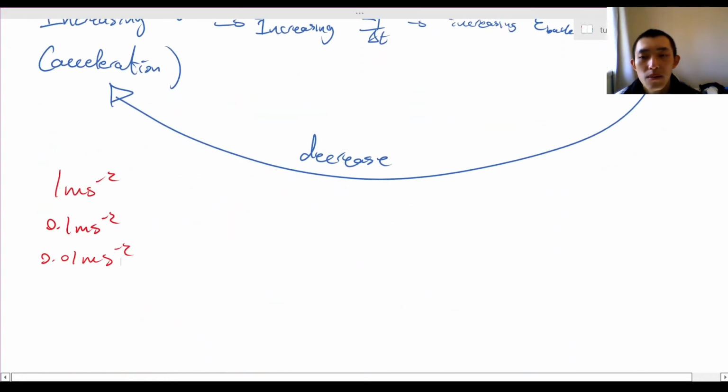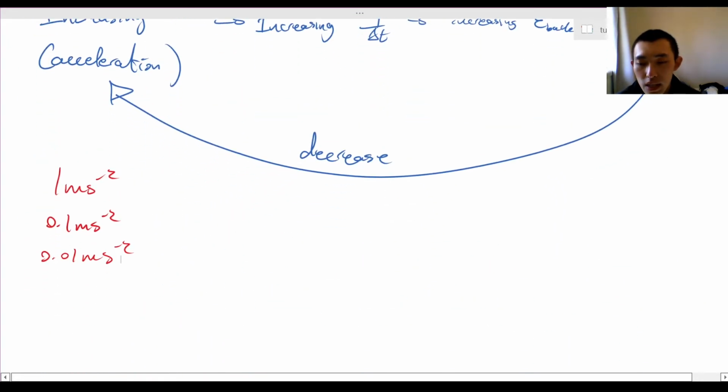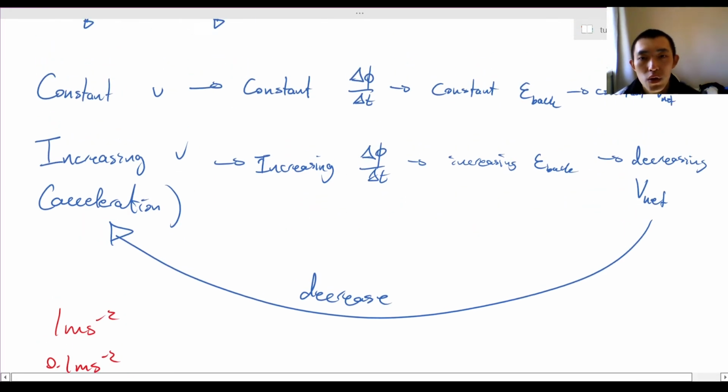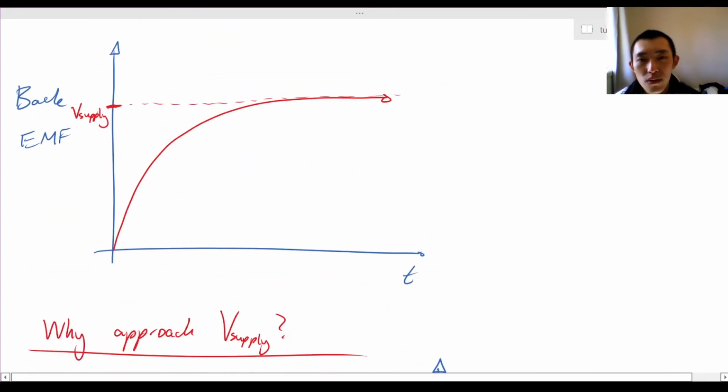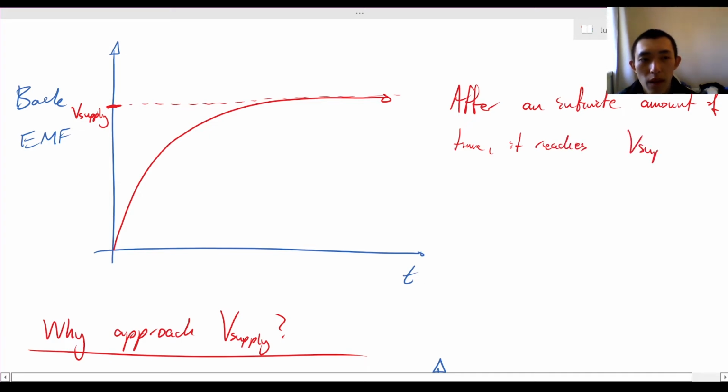Now, the last part that I wanted to go through today was back to that kind of rotation thing. You can see that after an infinite amount of time, it reaches V supply.